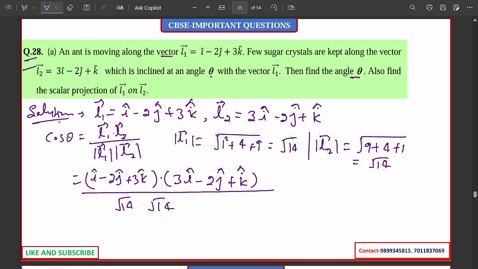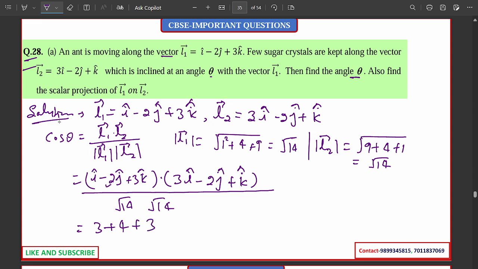And now find the dot product of the two vectors in the numerator. So this is 3, and minus 2 multiplied by minus 2, so plus 4, and 3 multiplied by 1.